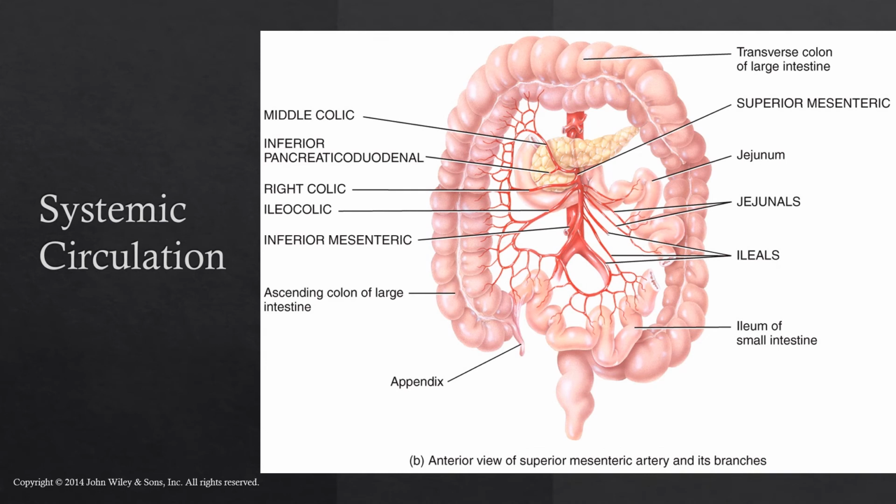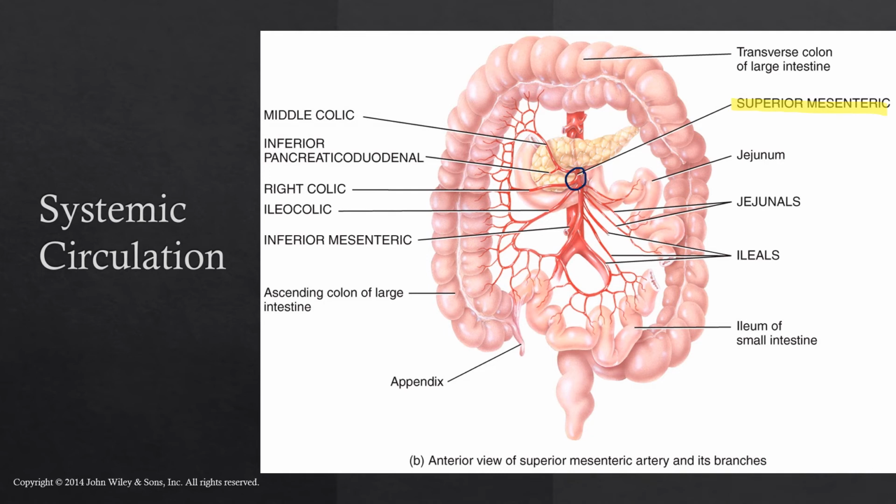Now in this diagram, you can see the superior mesenteric artery, and it arises from the anterior surface of the abdominal aorta, and it extends inferiorly and anteriorly between the layers of the mesentery.